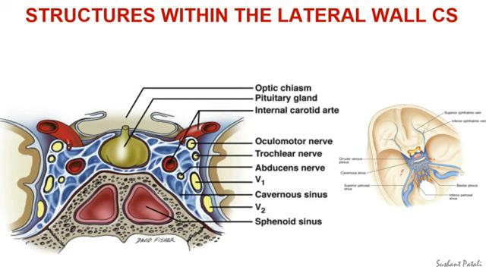Now what is this tendinous ring? You don't have to worry about the tendinous ring at this point. Basically this tendinous ring is found close to the apex of the orbit, and it gives origin to the recti muscles. These recti muscles are superior rectus, inferior rectus, medial rectus and lateral rectus.